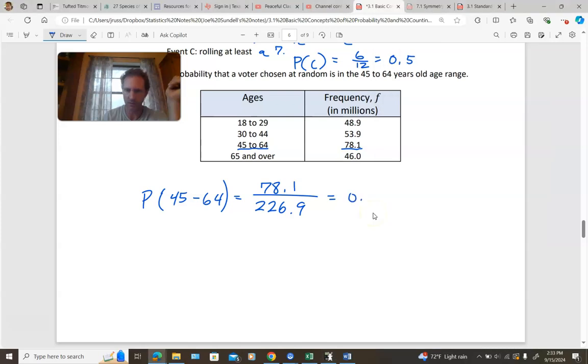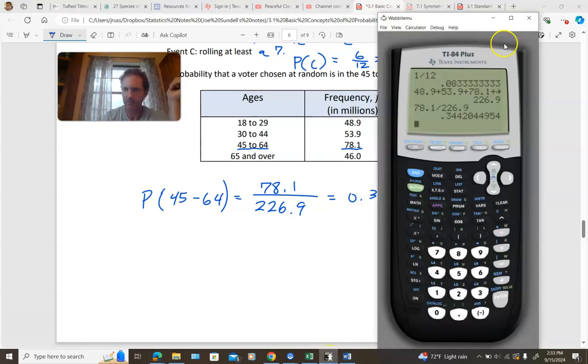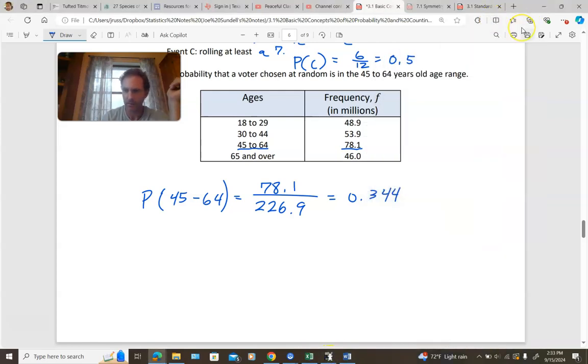So this would be 0.344. That would be the probability. Anyway, there's lots of these types of problems where you're referring to data that's given to you in a table like this to determine the probability.